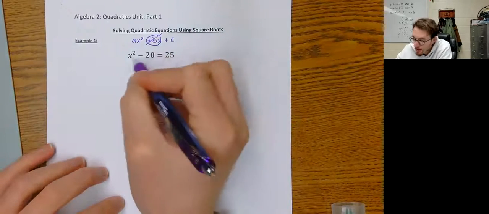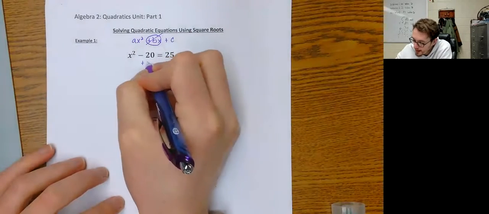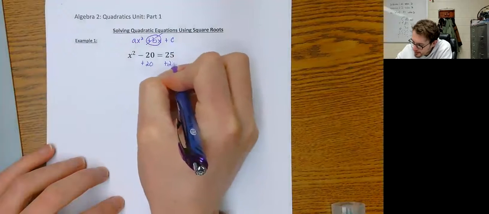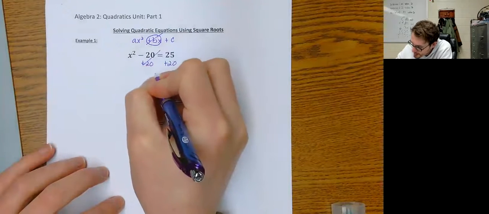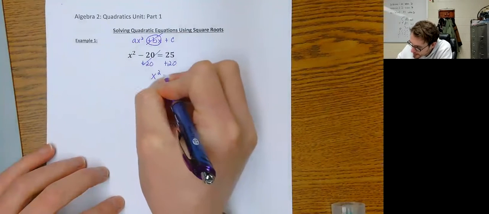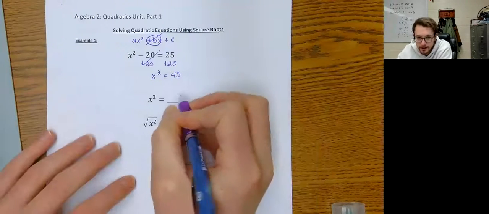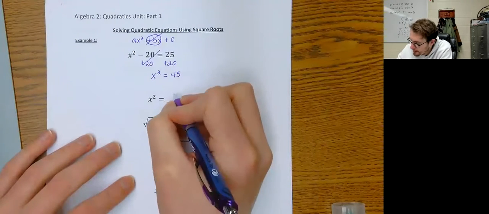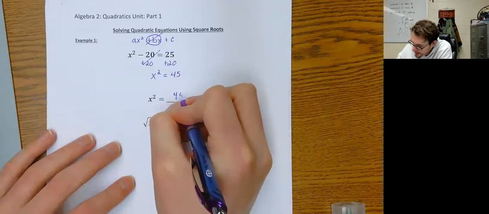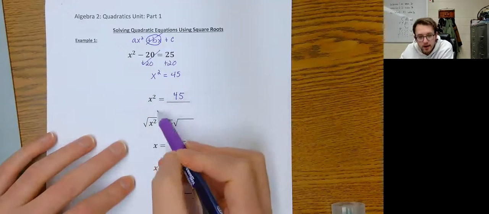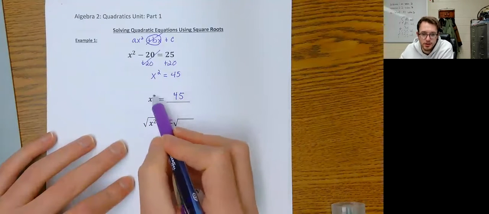So I want to get x squared by itself, so I add 20 to both sides. I get x squared equals 45, which is down here. I don't know why I gave so much room in between there. But you get 45 here. All right, and then what's the inverse of squaring something?